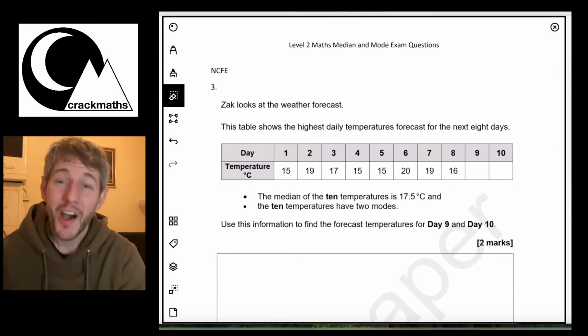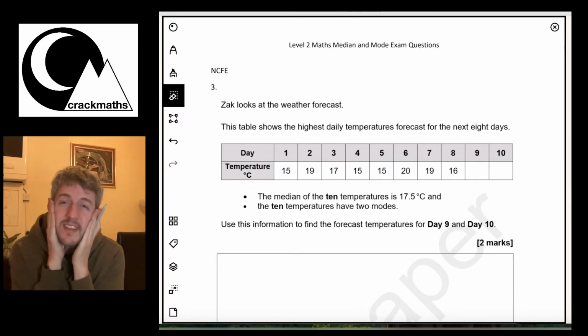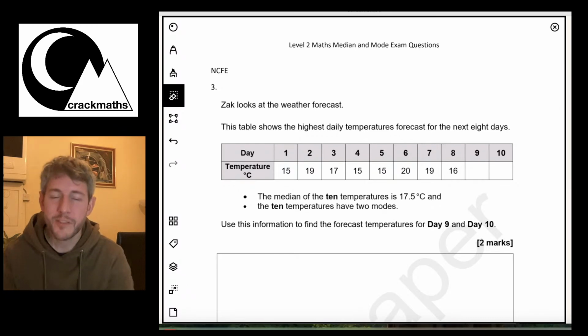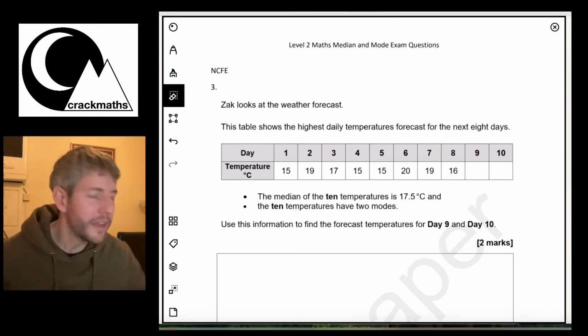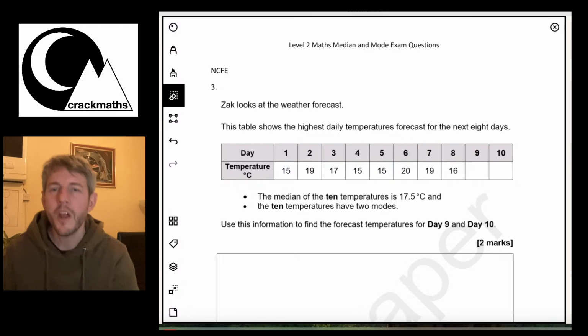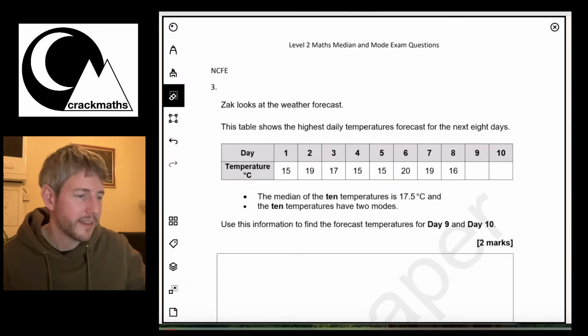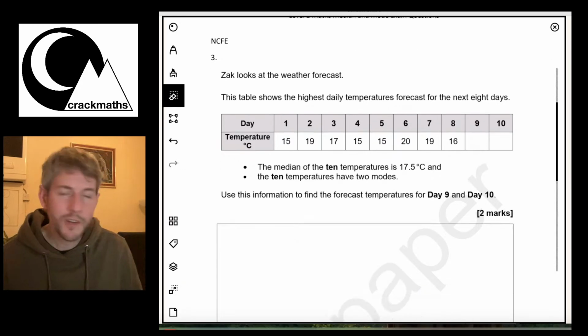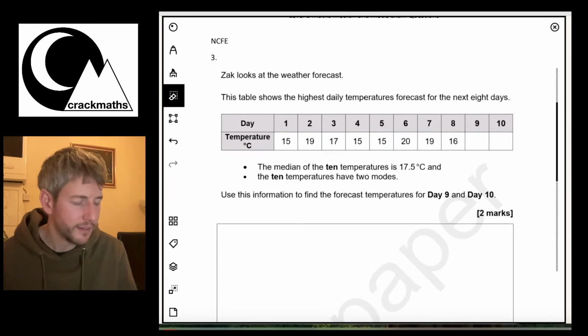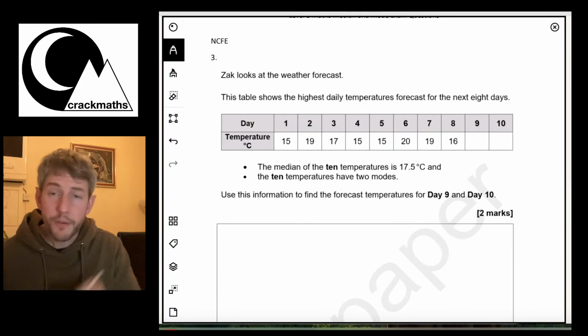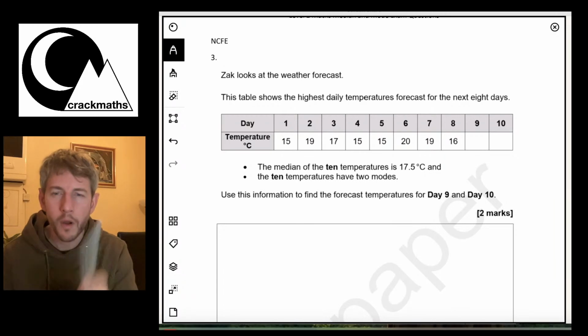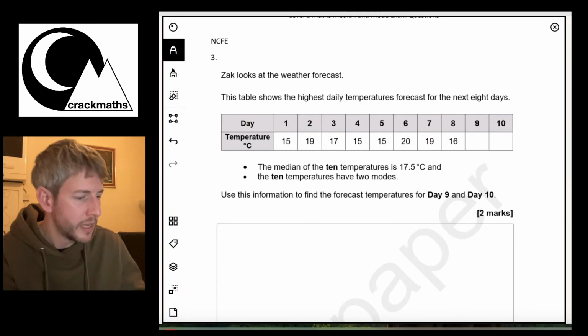Okay, I put this one up because I did see this question, and it's just an example of how we can know what the mode is, we can know what the median is, but sometimes we've got to use these in different contexts. So this question really is all about thinking, okay? So first of all, we do need to remember what is the mode and what is the median.